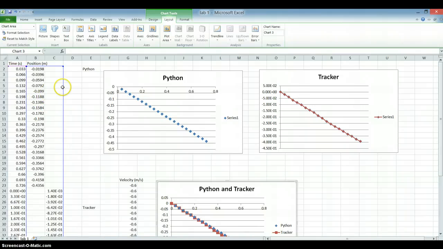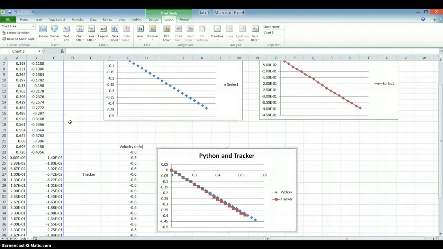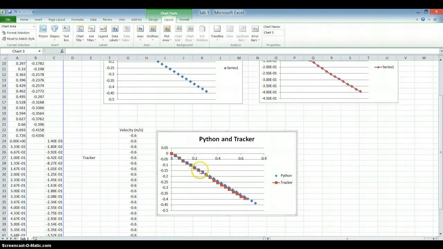I made one for Python and another one for Tracker to compare and contrast between them. And then I put both together to take a closer look. They overlap in pretty much every point, and they're almost perfectly aligned.